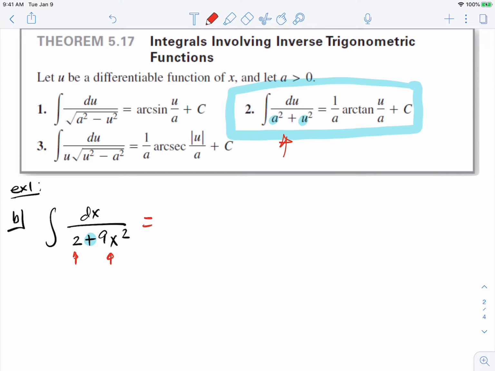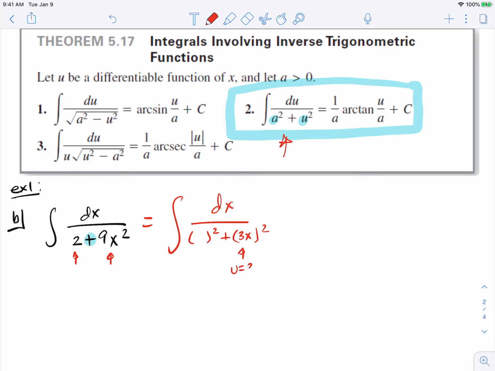So y equals the integral of dx of something squared plus something squared. Let's start with the 9x squared. 3x.